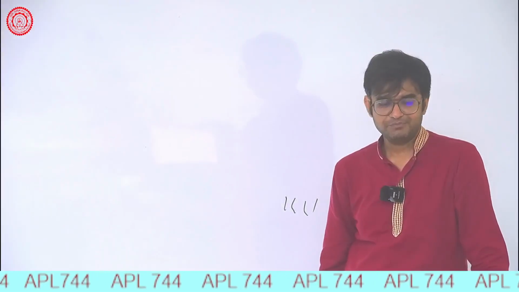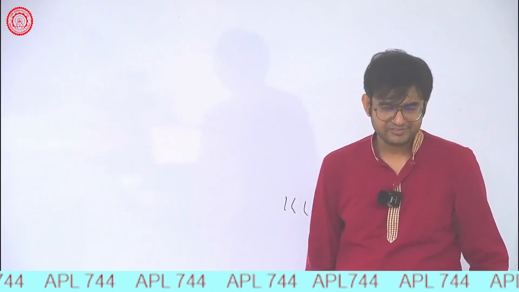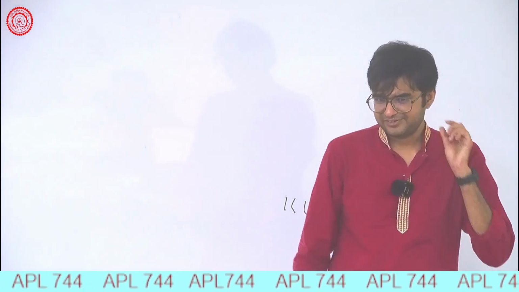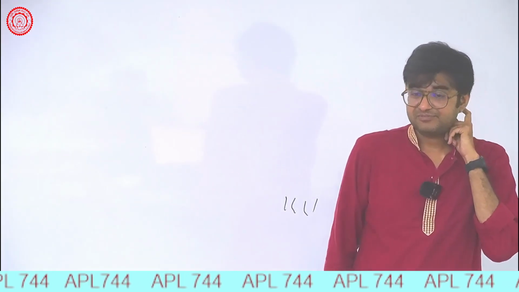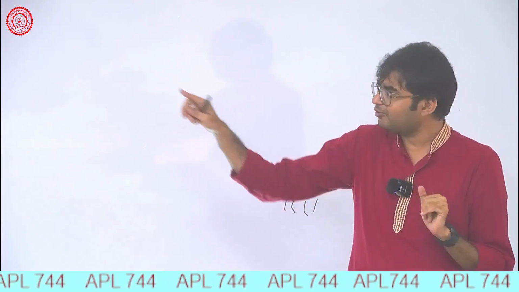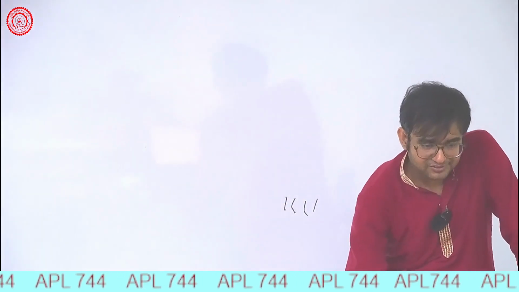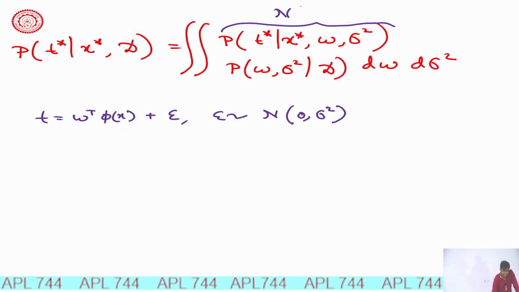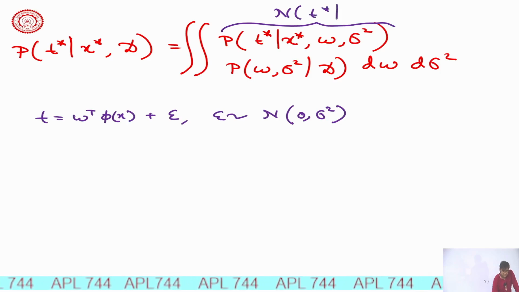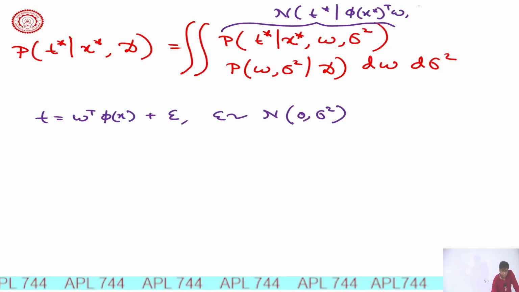Gaussian with mean phi x star transpose W, or W transpose phi x star, whatever you want to write, and variance sigma square. Clear? Whenever you have doubt, go back to the basics, and the basics is that we were solving linear regression. So go back there, you will get your answer. So this is, as you correctly said, Gaussian over T star given phi of x star transpose W comma sigma square.